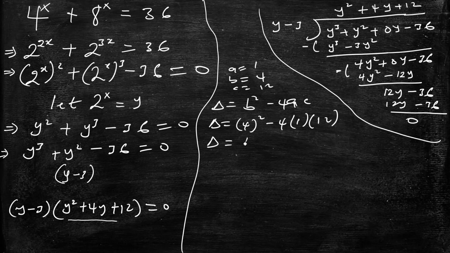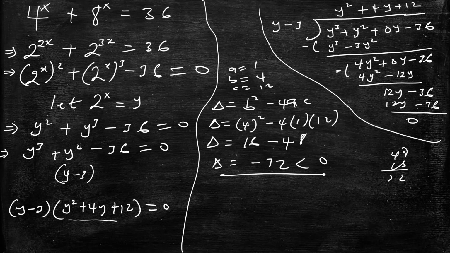So 16 minus 48, so we have minus 32, which is less than 0. So this one will have complex roots, which means it gives no real solution. Therefore, we will proceed with y minus 3 equal to 0.